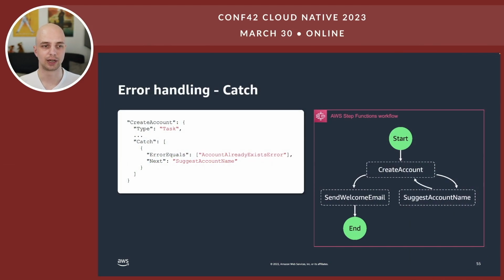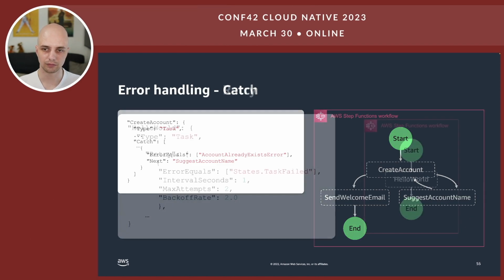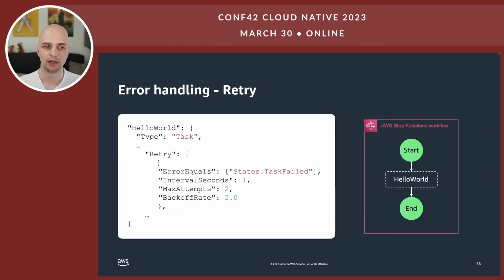So you can catch errors, which can be thrown, for example, by a Lambda function or by another integration. So you can then transition to a different stage if you catch an error, which is unexpected, for example. Then you can also retry with errors. So if one task fails, you can just try it again.